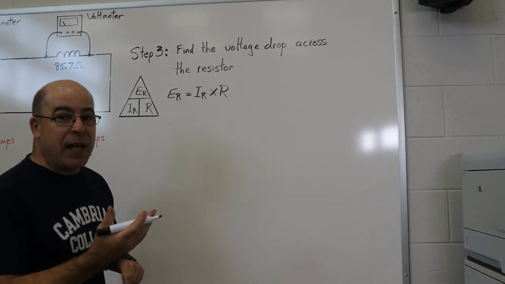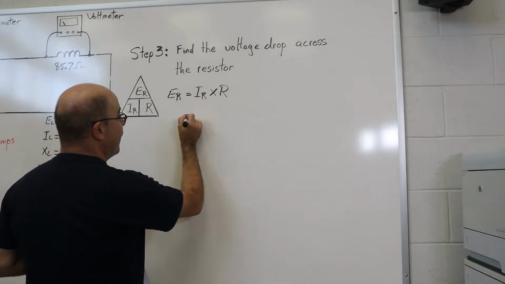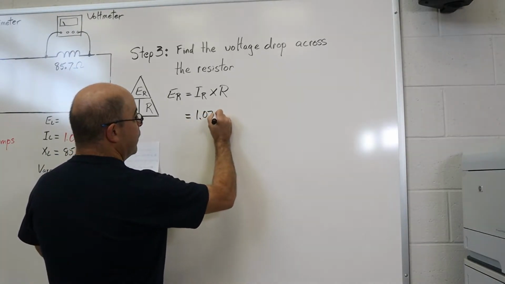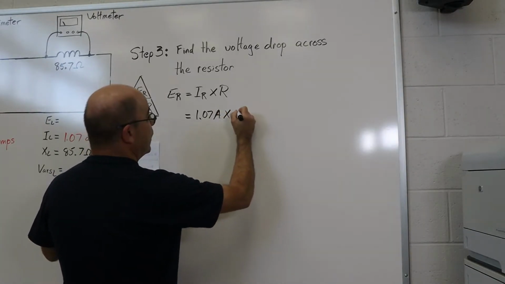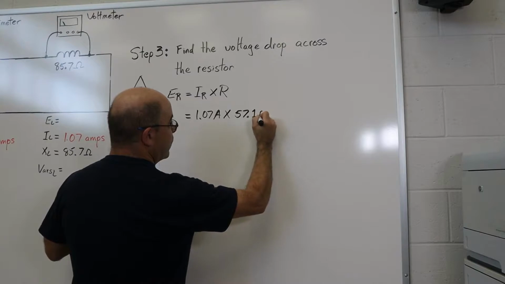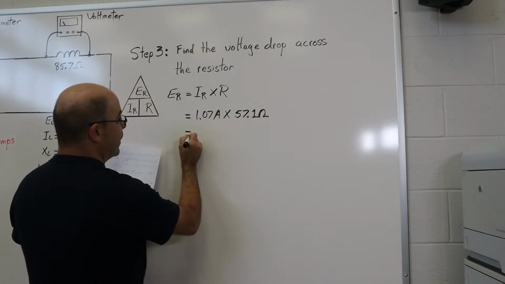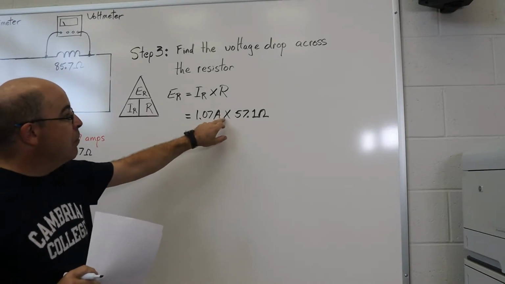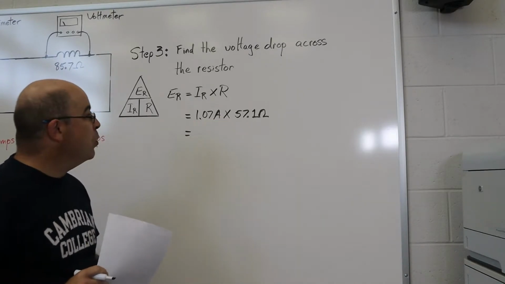And the values we've calculated previously, 1.07 amps, that was rounded, multiplied by 57.1 ohms.